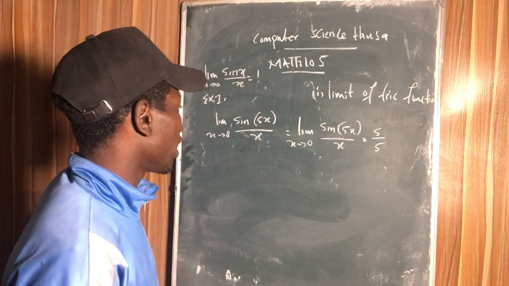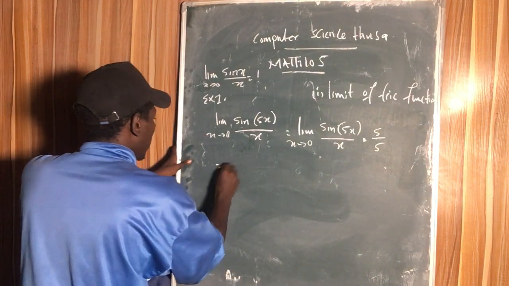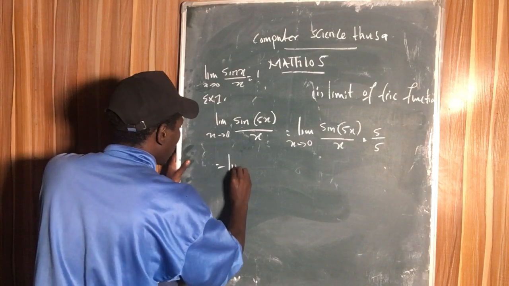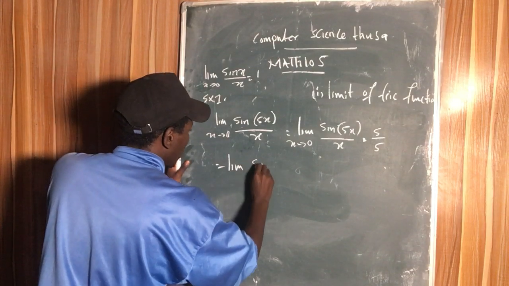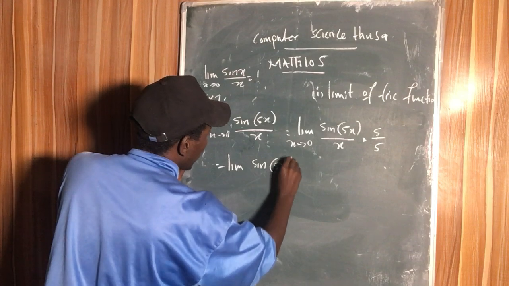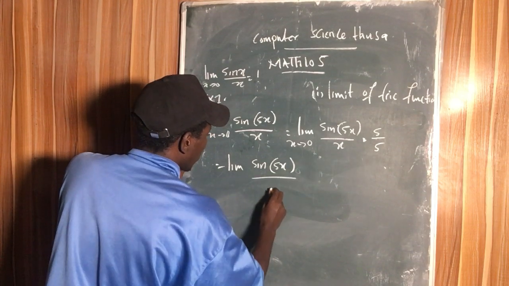So what does that mean? Idan muka yi haka, this is going to be limit of sine 5x all over 5 times x, which is 5x.